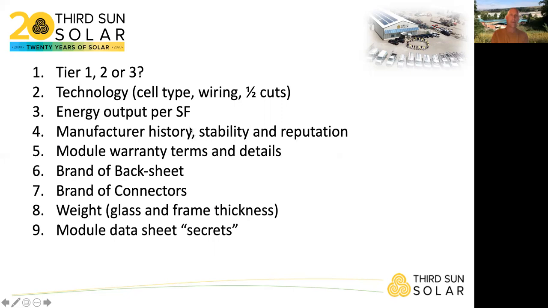And then whether or not the manufacturer is simply assembling commodity wafers that might have been purchased from lots and lots of tier 2 and tier 3 suppliers, or if they're vertically integrated. That's one of the things that we focus on when we're looking for quality.